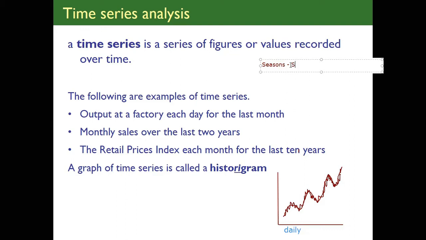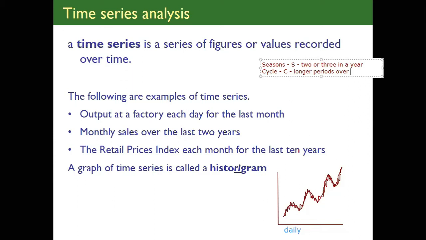Another thing which could be affecting your sales, demand or output is cycles, which we represent by C. Season is something like a short period, 2 or 3 in a year. Cycles are rather longer periods, over 2 to 3 years.